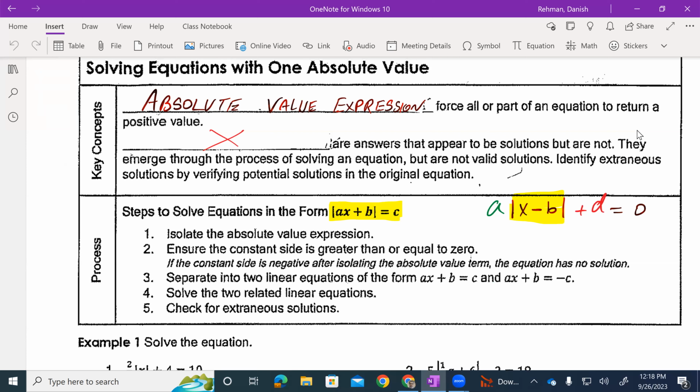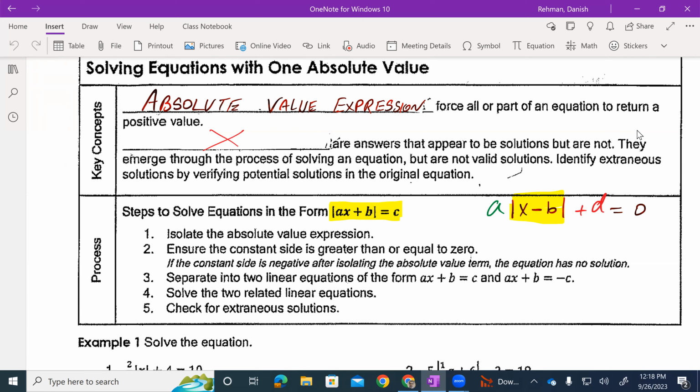To solve these, look at step number one. What is it saying over here? Step number one is telling you to isolate absolute value expressions. How to isolate it? In this given line, it's already isolated. What do I mean by isolated? Do you see anything being multiplied outside the absolute lines here?